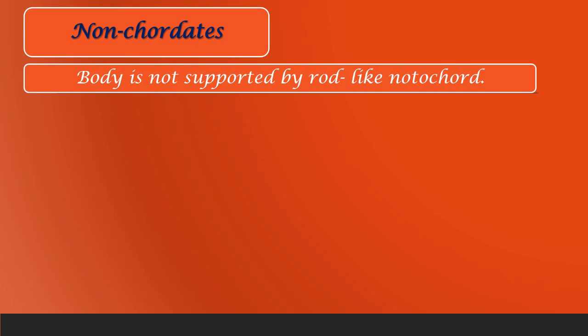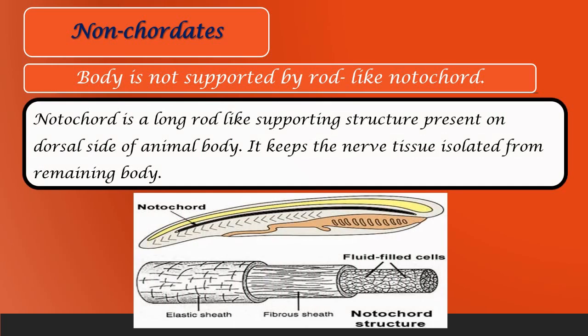Now let's study the characters of non-chordates. So the characters of non-chordates are as follows. Body is not supported by rod like notochord. Now what is notochord? Notochord is a long rod-like supporting structure present on the dorsal side of animal body.